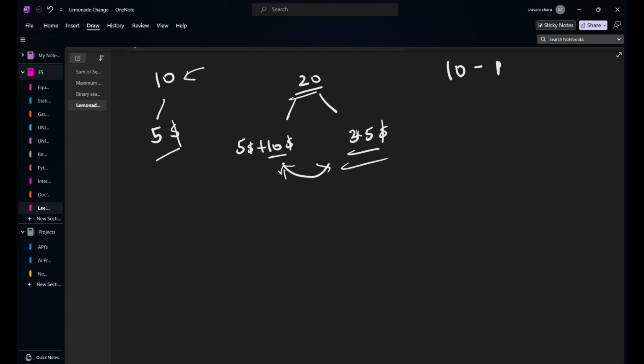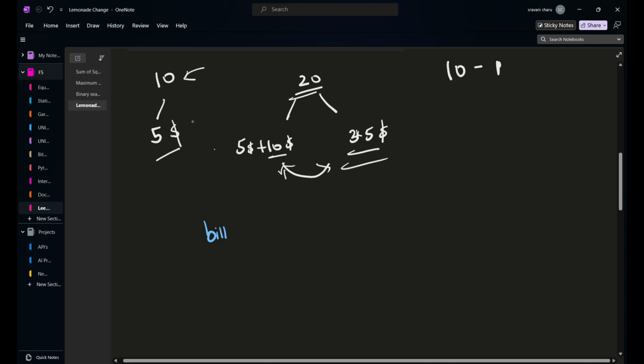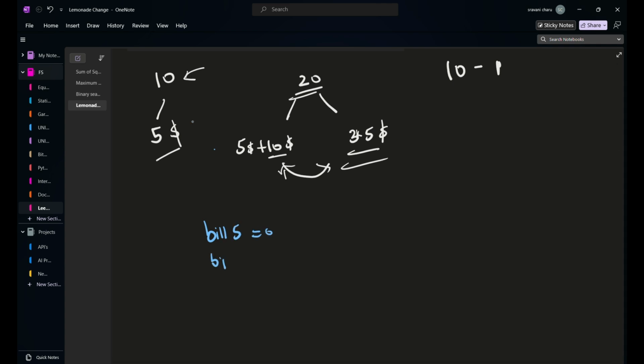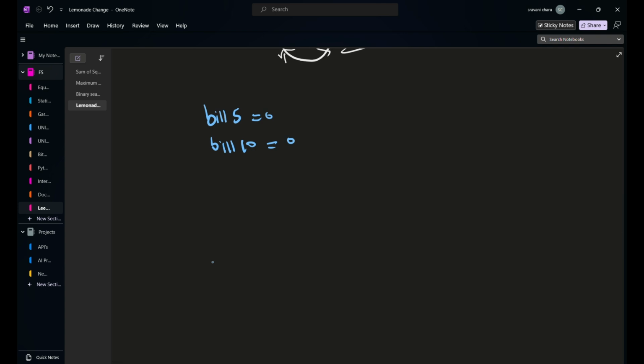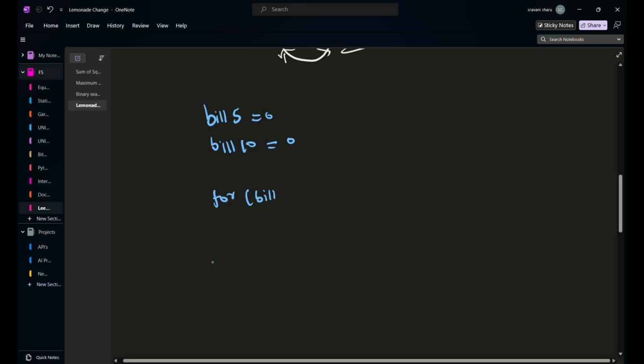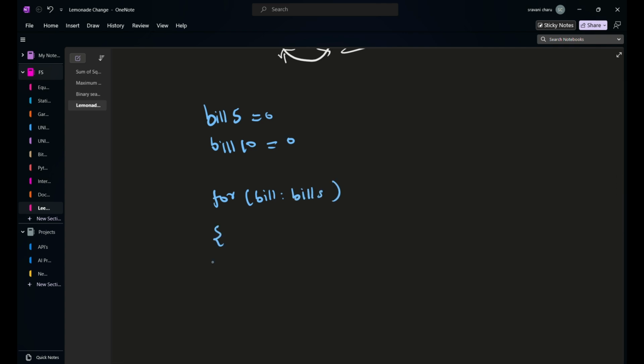So let's write a pseudo code for this from what we understood. So let's have a variable for storing the count of $5 bills, and then for $10 bills. Let's iterate through the array. So for bill in bills, what is the first condition?